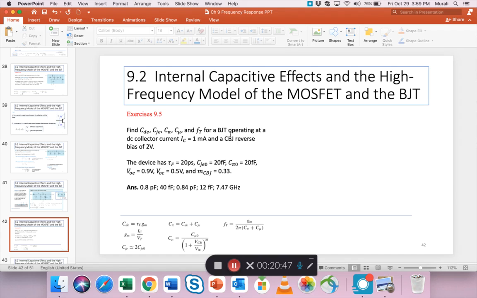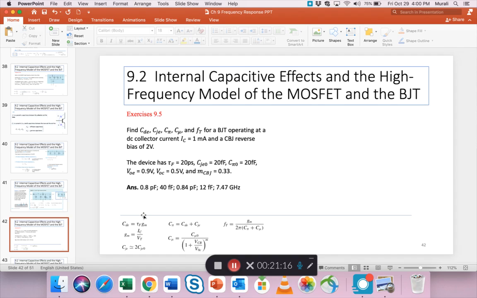That means the collector to body has a reverse bias of 2 volts. The device has this tau f of 20 picoseconds, CJE0 of 20 femtofarads, C mu 0 of 20 femtofarads, VOE 0.9 volts, the natural voltage, VOC is 0.5, and this m is 0.33.